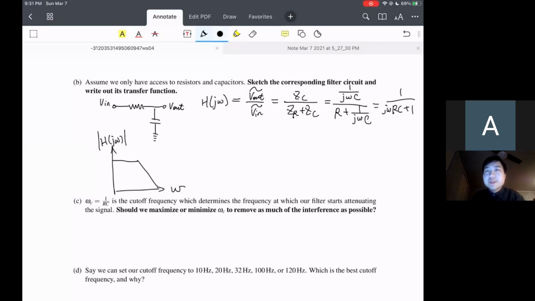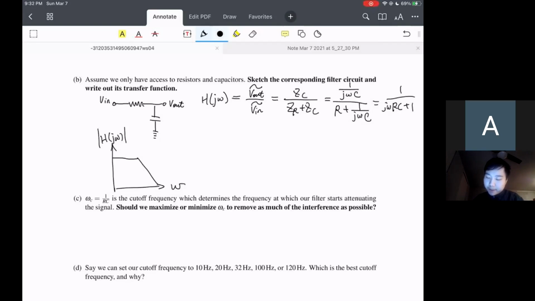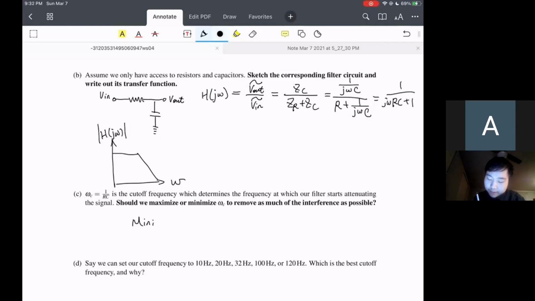So to remove as much of the interference as possible, we might want to minimize the cutoff frequency omega C, because that's the point starting at which we're going to be attenuating our signal. So if our cutoff frequency is small enough, it can attenuate much of the signal. Okay. So we want to minimize omega C for part C.